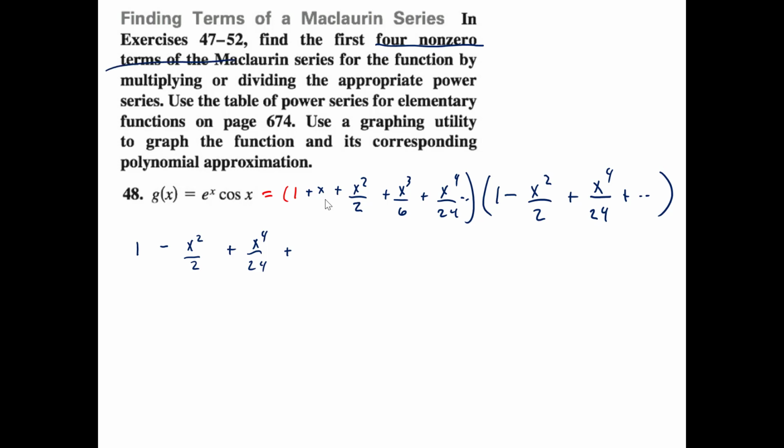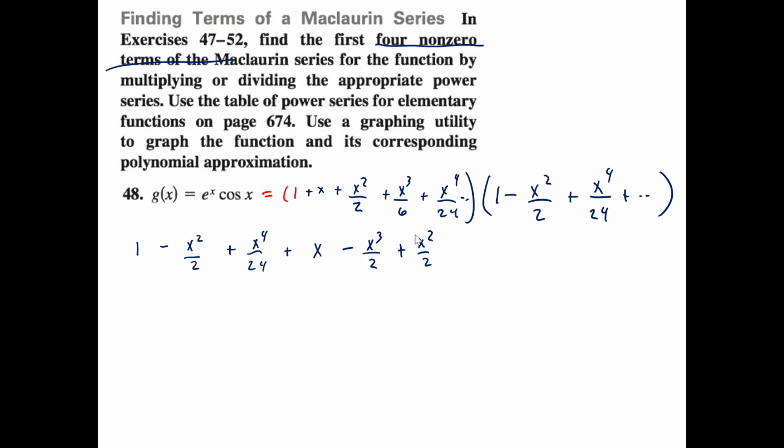So then we move on to the x. Multiply all the terms by x. X times 1 is x. X times minus x squared over 2 is minus x cubed over 2. And then x times x to the 4th over 24 is x to the 5th over 24. I don't need that one. That's already too big. Now I'm done with the x and I move on to the x squared over 2. The x squared over 2 times the 1 is x squared over 2.